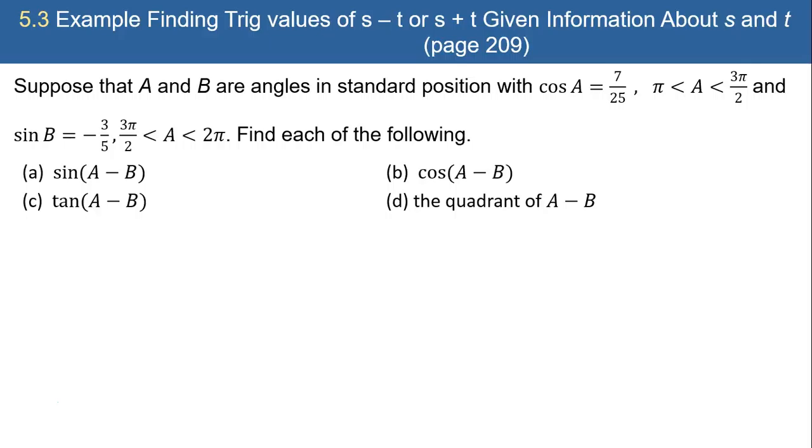Okay, so how we're going to do this is first look at the information that we are given. We are given cosine of A is 7 over 25, and we're given what quadrant it is in. And then sine of your angle B is -3/5, and then what quadrant it is found in.